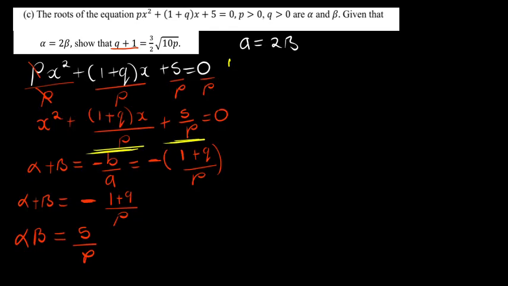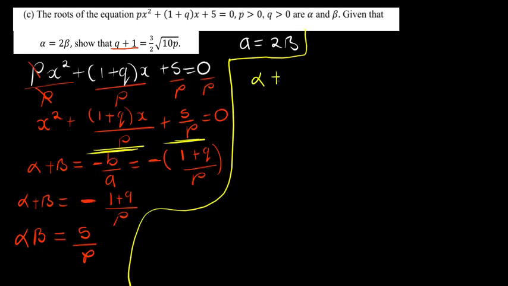Okay, now after writing that, what do you do as the next move? The next move will be this: alpha plus beta equal to negative (1 + q) over p. Now, if you check, you shall see that alpha is equal to 2 beta.